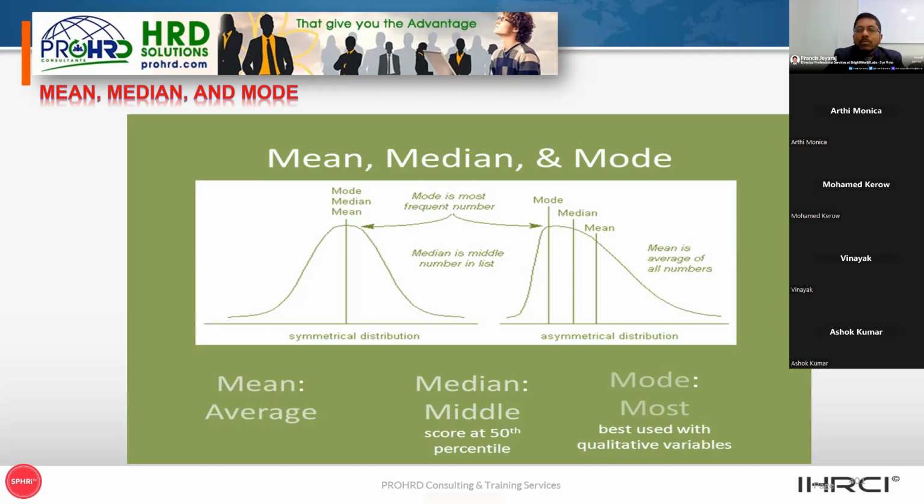So what is the mode? $1, then $2, $2, $5, $10. What is the mode? 2. Correct, 2. And it can be multimodal also, I can tell you 1, 2, 2, 4, 4, 5, 10.